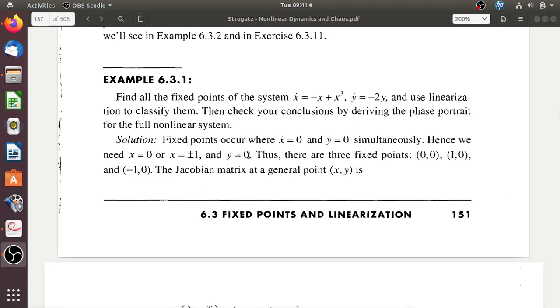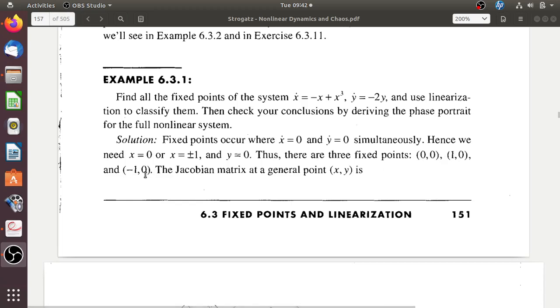Now the fixed point is where both vanish, at the points where these groups meet. So this is one point, this is another point, and this is the third point. So these are the three fixed points.